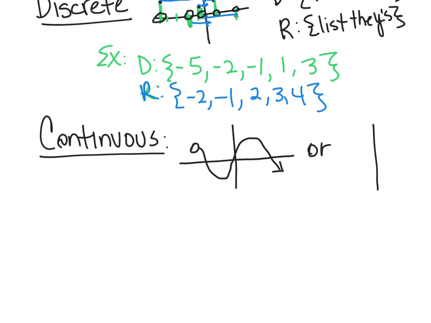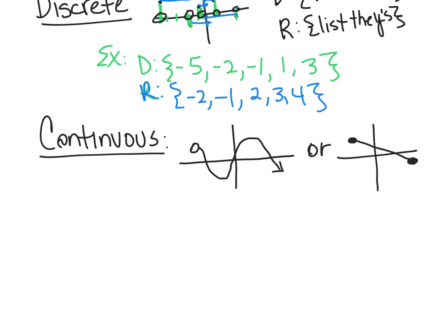I'll just draw another one. Okay, so it has a combination of some of the open circle, the closed circle, and the arrow. So one of those is on every end of it. All right, so in this case, we're going to have inequalities for our domain and range.